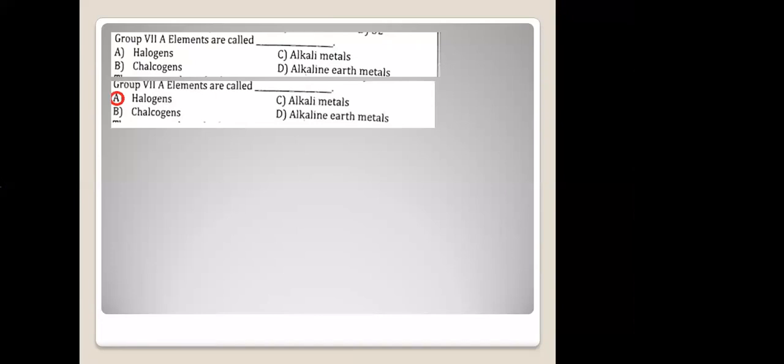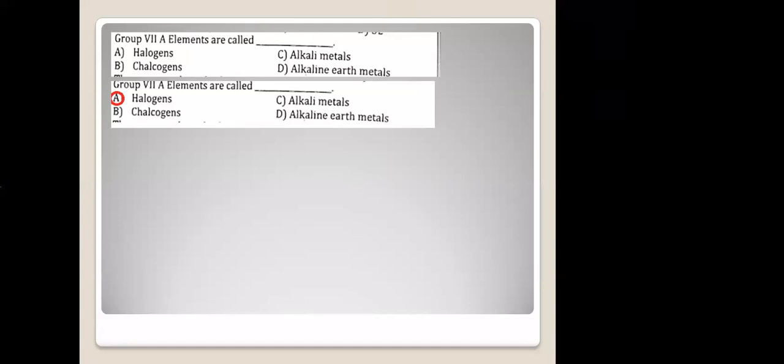Why are there different answers? Group 1A, always remember, is alkali metals. Group 2A is alkaline earth metals.